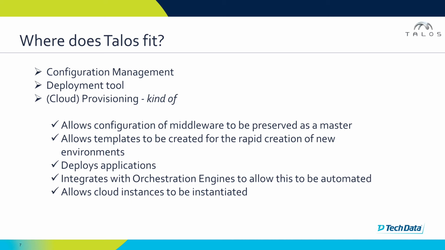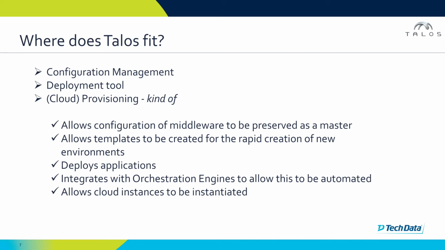It allows configuration of middleware to be preserved as a master. So you have a golden master that's stored within Talos, and that's your configuration. If anything deviates from that, then you know that it's wrong. It allows you to create templates so that you can rapidly create or promote to new environments. You can deploy applications.